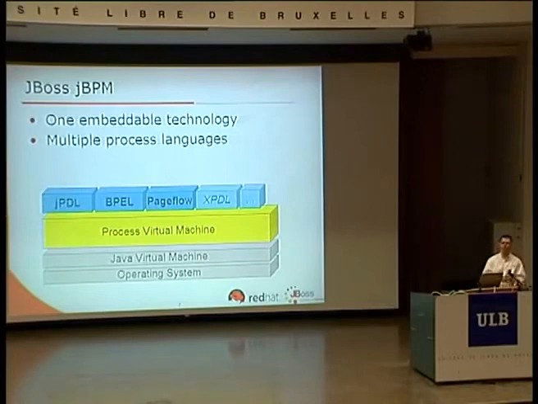So there is no convergence towards a single language, and we are the first ones to adopt a multi-process language strategy. Actually, there's only one other technology that has a similar approach with multiple languages, but you probably don't want to hear about it because it's Microsoft's Workflow Foundation. So this is your only option.